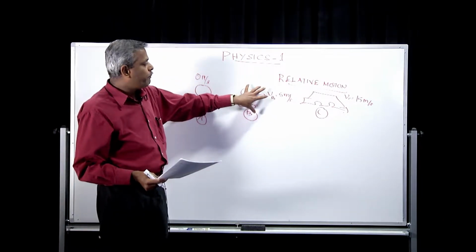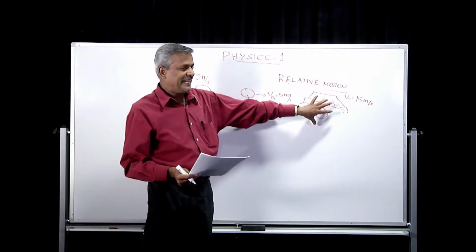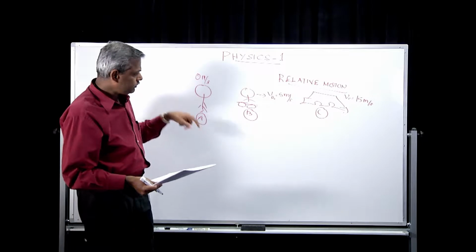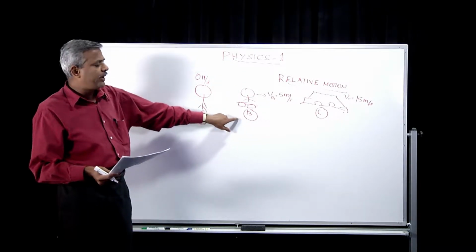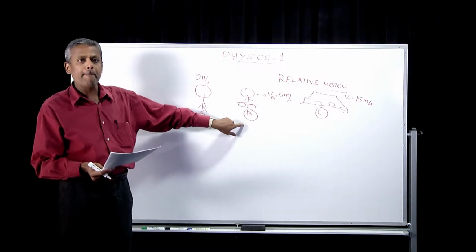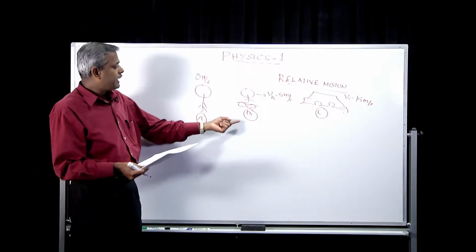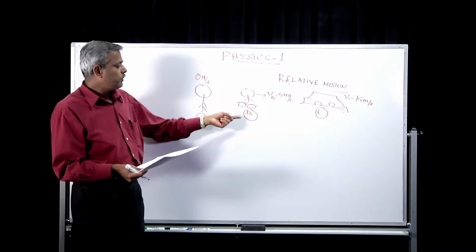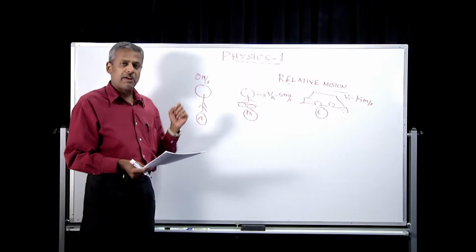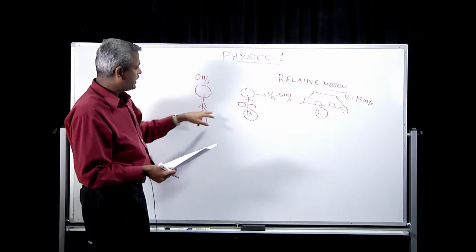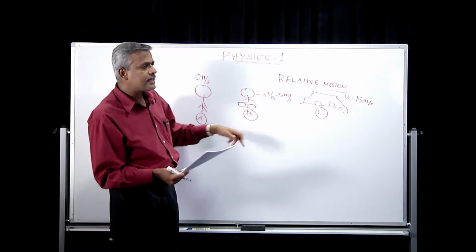The motion of B with respect to C, the motion of B with respect to A. What is the velocity of B with respect to A? If you look at it, A is at 0 and B is at 5 meters a second, then you can come to the conclusion that B is on the positive x axis.